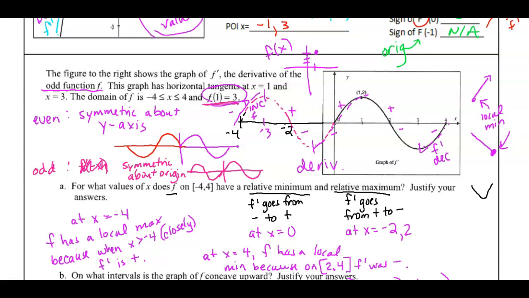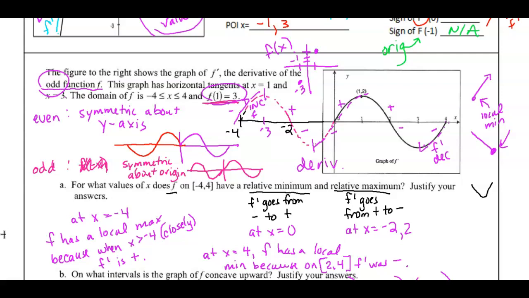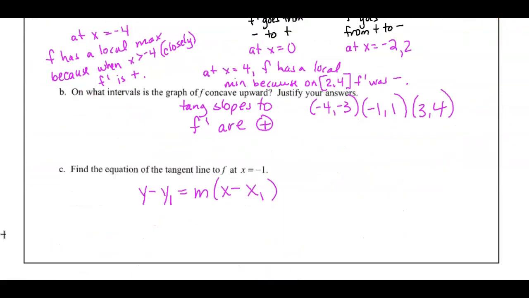If we had the point 1, 3, and I know this is an odd function, remember it's going to be symmetric about the origin. So if I had 1, 3, I'm going to be the reflection down. So I'm going to be at -1, -3. That also comes into play for our ordered pair on the original, because it tells you it's an odd function. So we've got -1, -3.